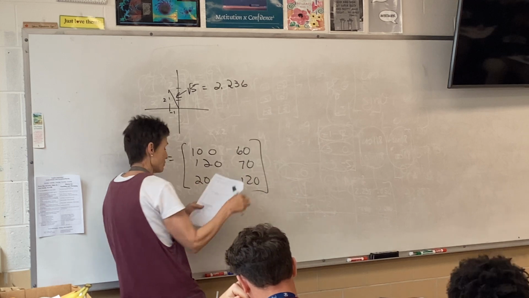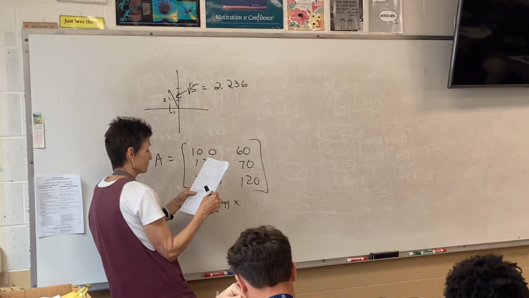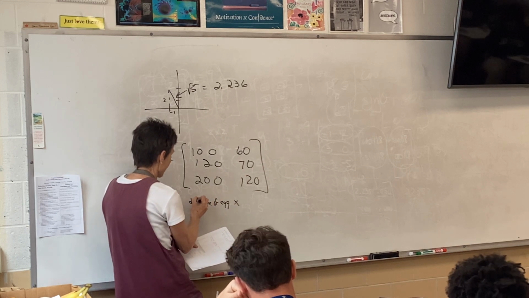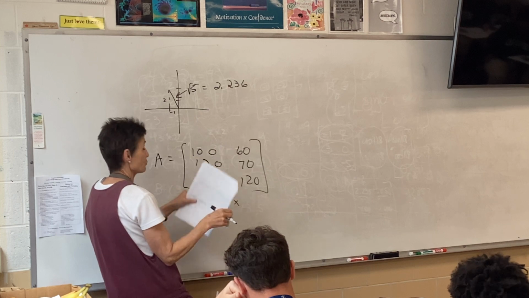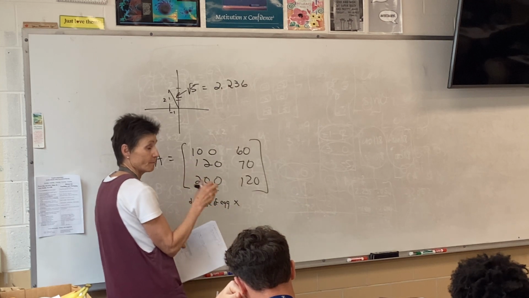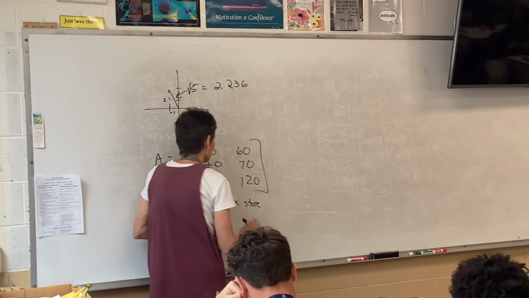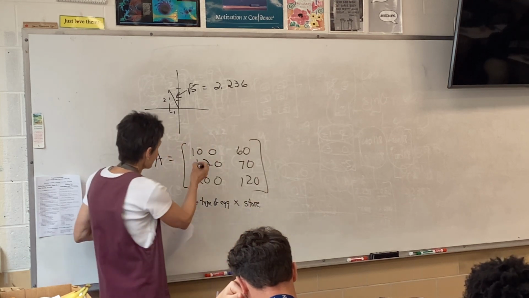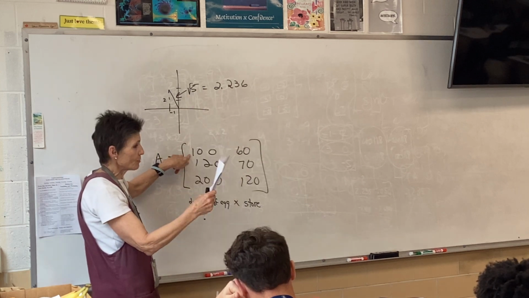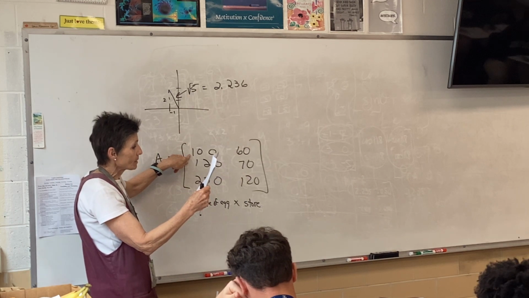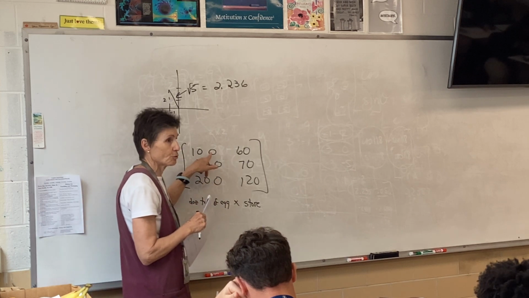And what do the columns represent? What are the J's? This is the dozens type of eggs, sorry. And then the columns are grocery stores? So this 100 right here represents 100 dozen large eggs sold to a grocery store.